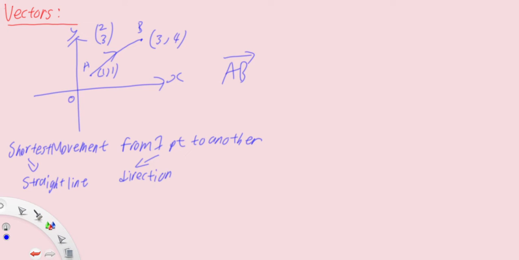This arrow on top is signifying that we are moving from A to B. And we know that this is basically (2, 3). 1 becomes 3, so it's plus 2; 1 to 4 is plus 3.